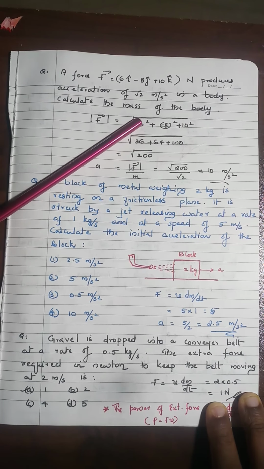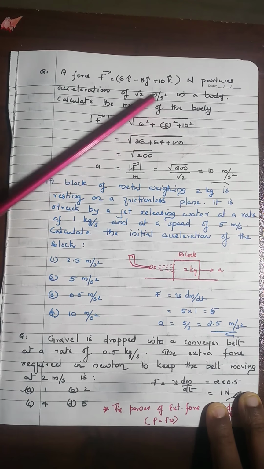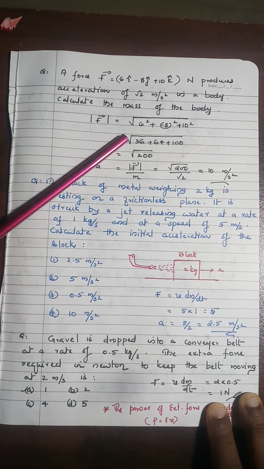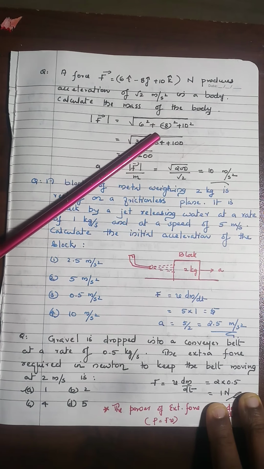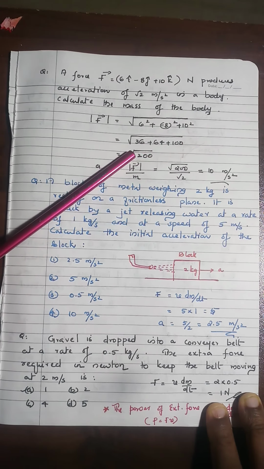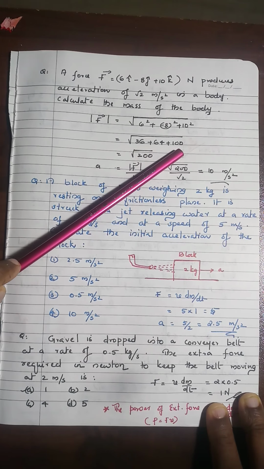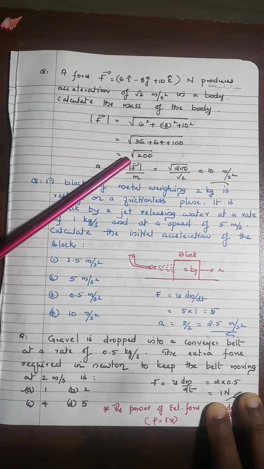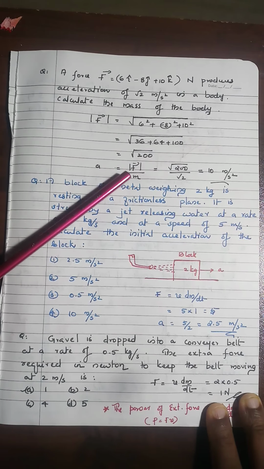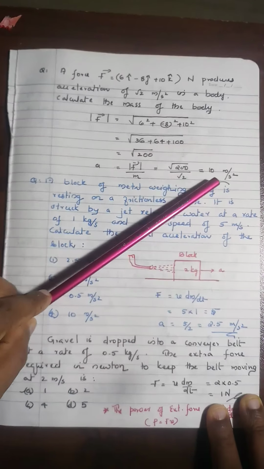Then calculate the mass of the body. You know it is a vector quantity. Its magnitude can be simply found as root of Fx square plus Fy square plus Fz square, and here it is equal to root of 36 plus 64 plus 100. You get the value root 200. And we know the acceleration is nothing but the modulus of force by mass, and you get the answer.